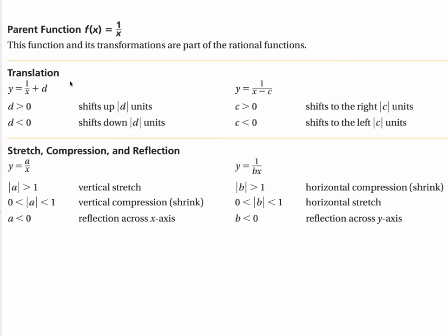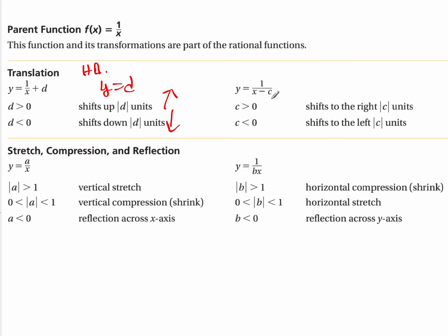Now, if we want to transform it, the exact same parameters apply. If I have y is 1 over x plus d, if d is positive, it'll be a vertical shift up. If d is negative, it'll be a vertical shift down. When this happens, the horizontal asymptote shifts as well, so your horizontal asymptote becomes y equals d.